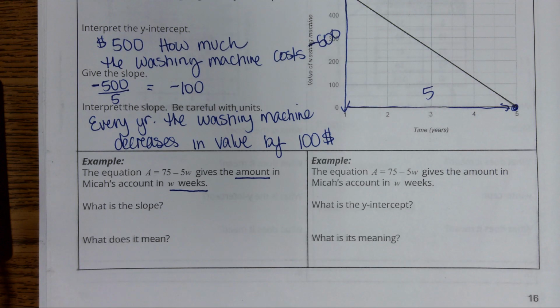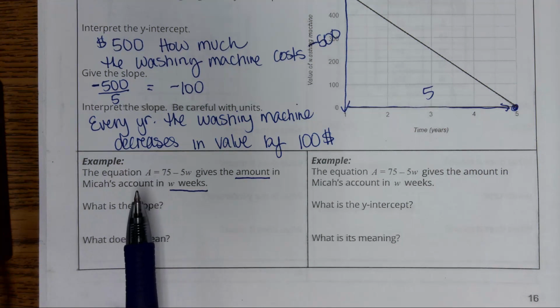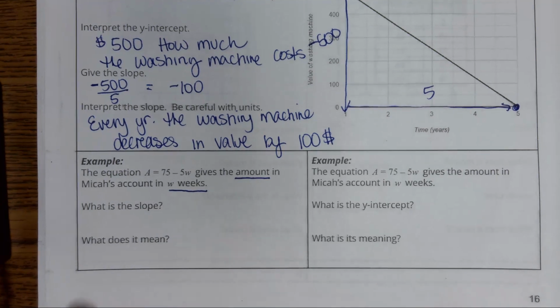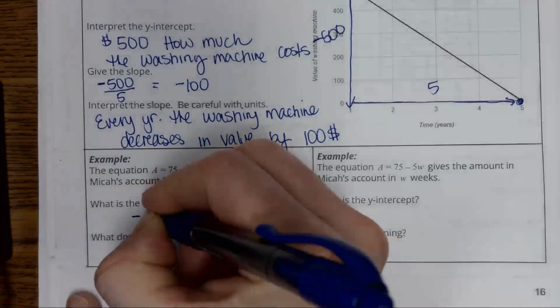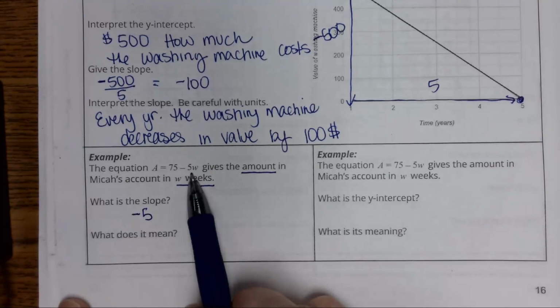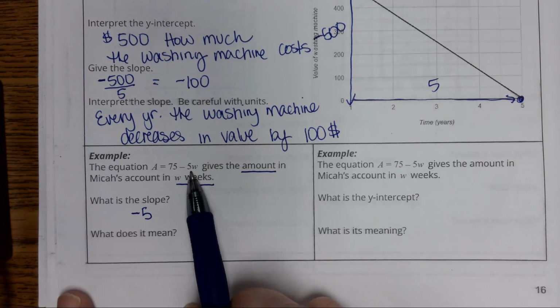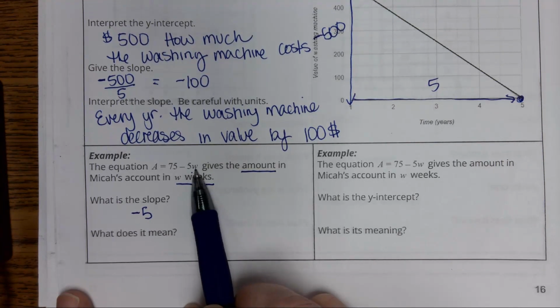What's the slope? It isn't, but think y equals mx plus b. Like, where's my, the slope is next to the variable. Autumn? Yeah, did you say negative 5? The slope, not the y-intercept yet. We'll do the y-intercept in a sec. Because this is like my x, my weeks, negative 5x.